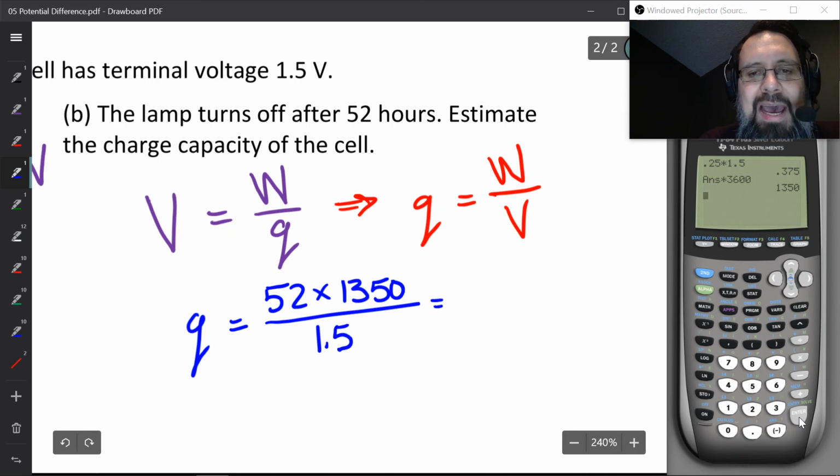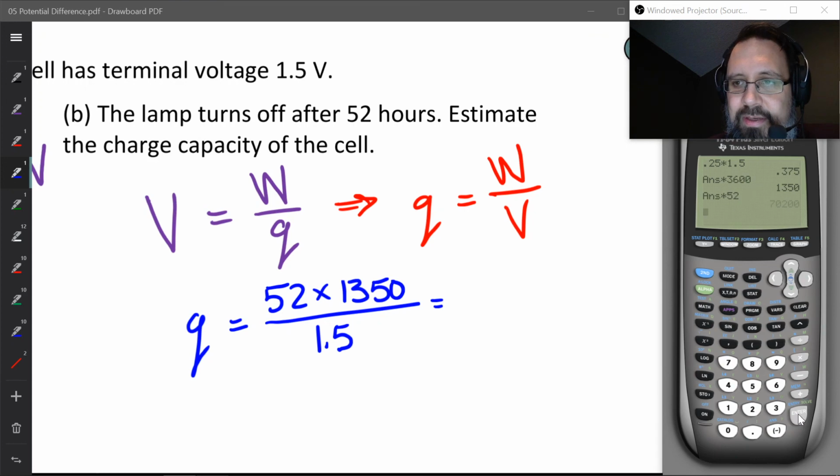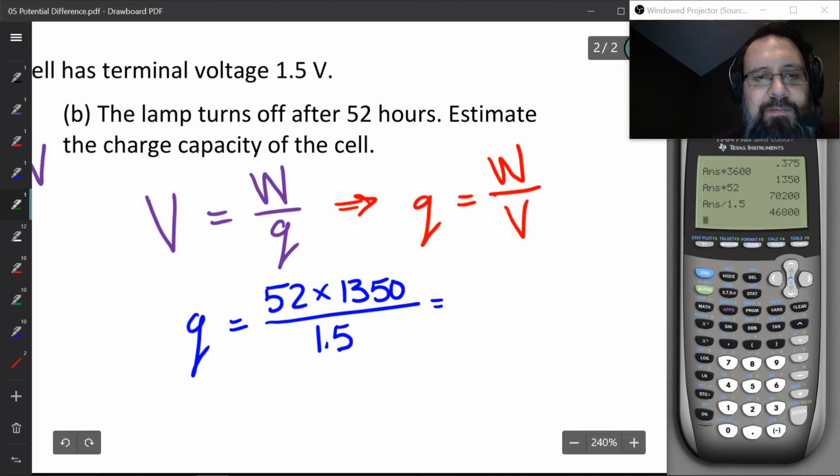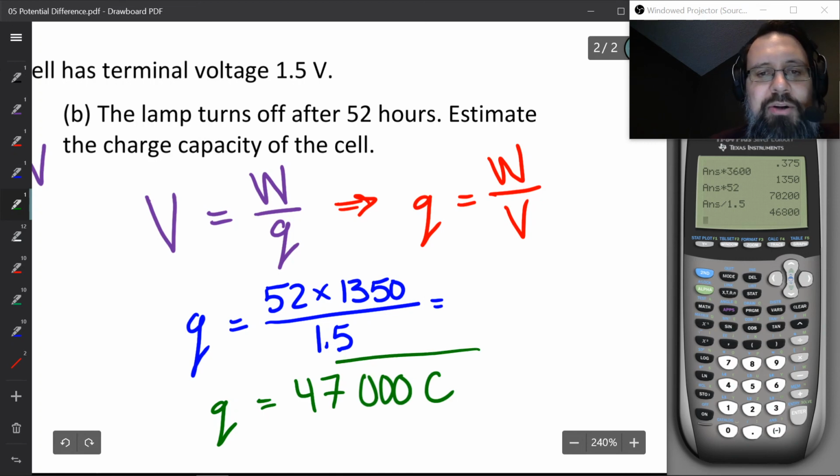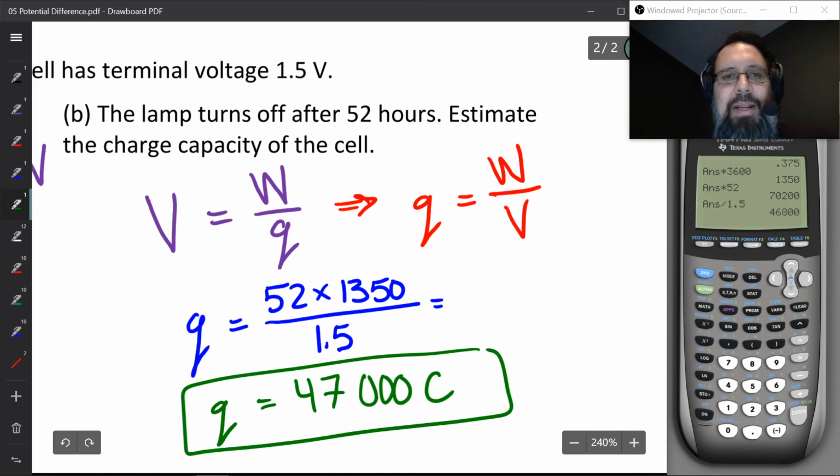If we do this math, we can determine that the battery has within it 46,800 coulombs of charge. I have two sig figs, so I'll call that 47,000 coulombs of charge inside a battery.